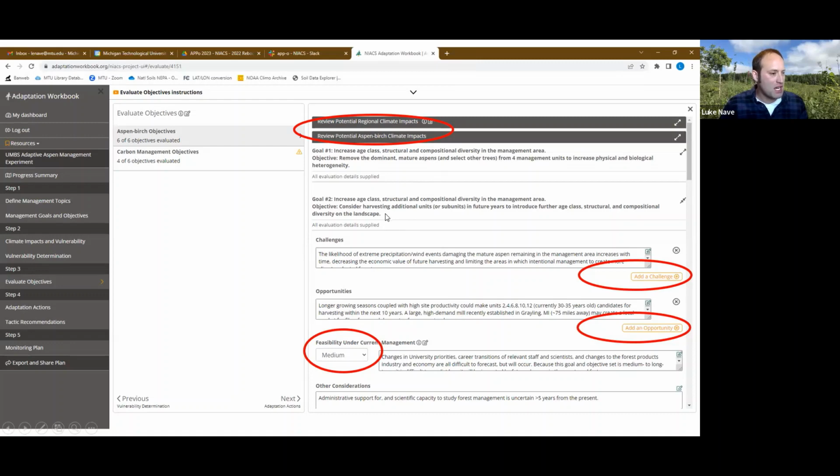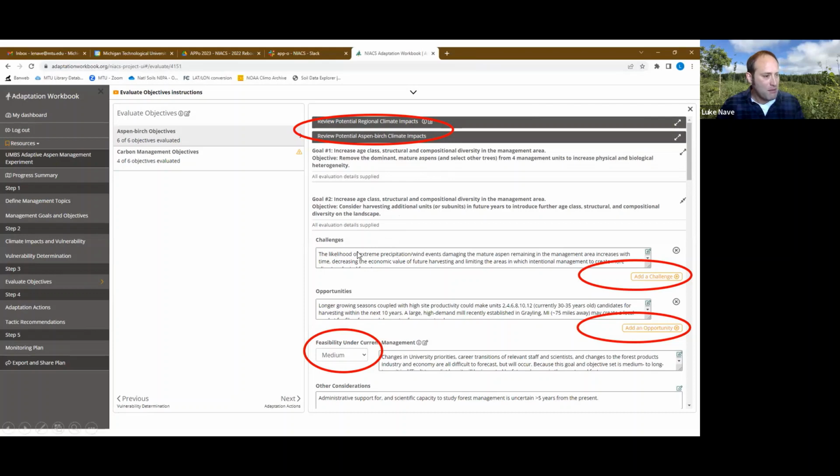So our second objective under this broad goal of increasing age class, structural, and compositional diversity was to consider harvesting additional units in the future to introduce further age class, structural, and compositional diversity.